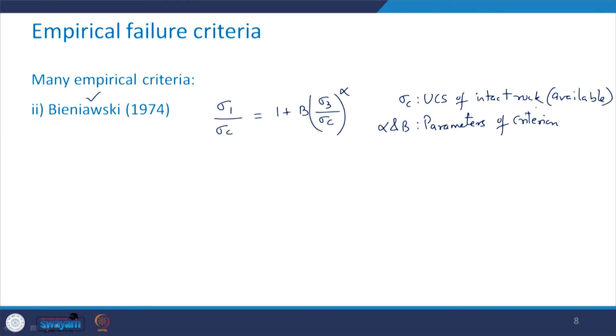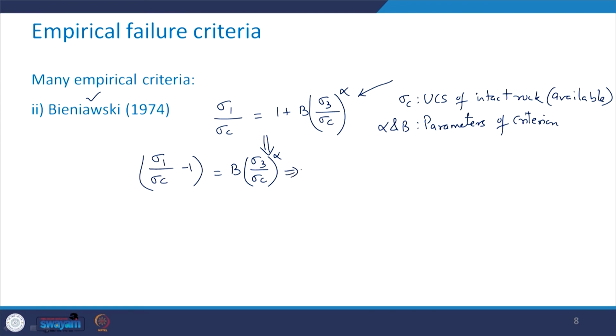So again this is a non-linear equation. What to do with this? Again we will have some kind of mathematical jugglery. Take a look how. That is sigma 1 upon sigma c minus 1 equal to b times sigma 3 upon sigma c to the power alpha.